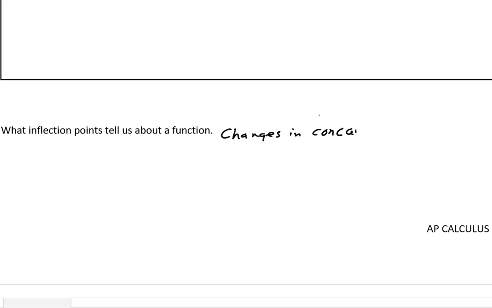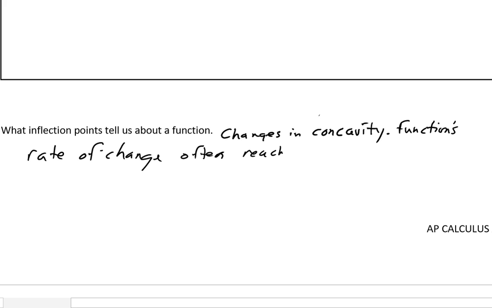Concave up to concave down, or vice versa. But they can also tell us that it can be where the function's rate of change often, not always, reaches a maximum or minimum at points of inflection. Okay. And so we should look for that.